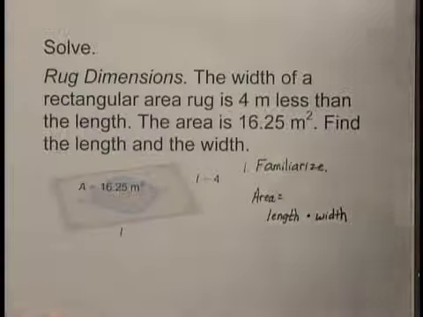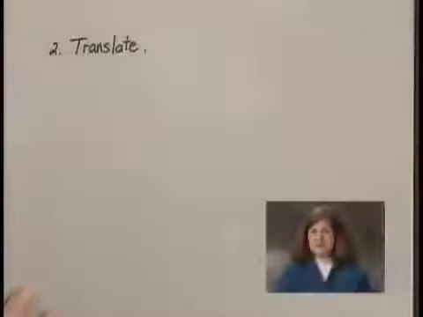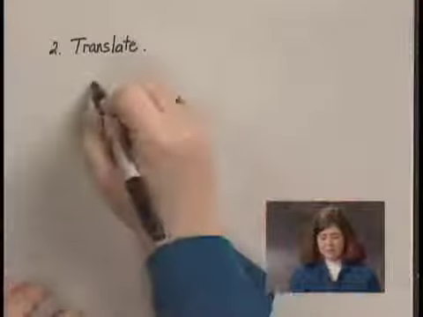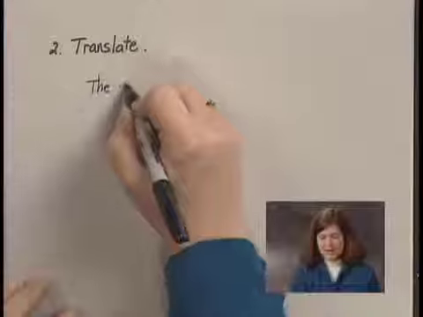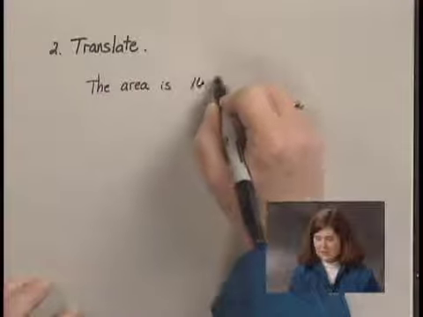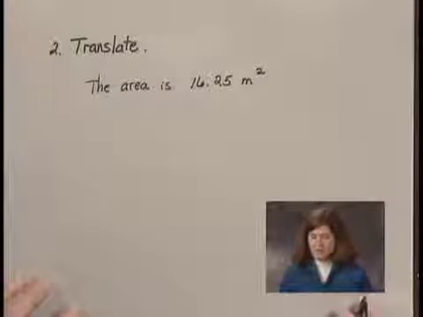Once we've done this, we're ready to go to our next step, and our next step is to translate the problem to math language. To translate it, I'm first of all going to write the statement about the area that was given in the problem. The area is 16.25 square meters.